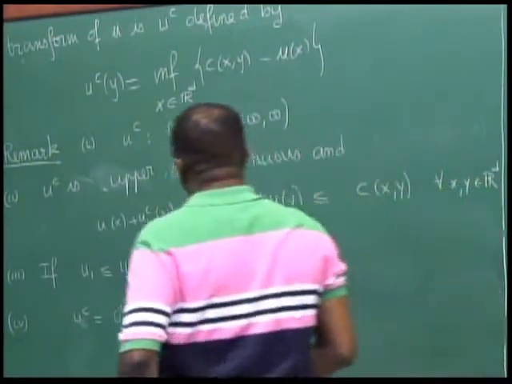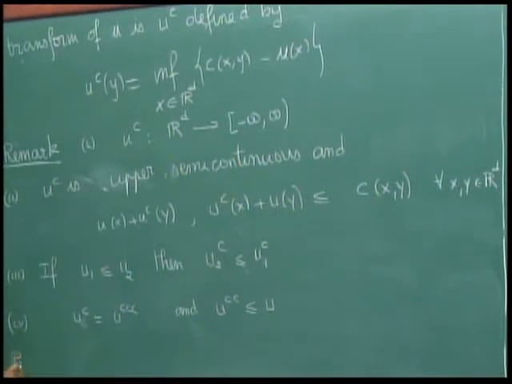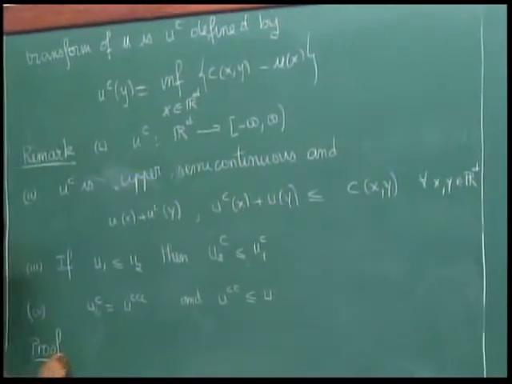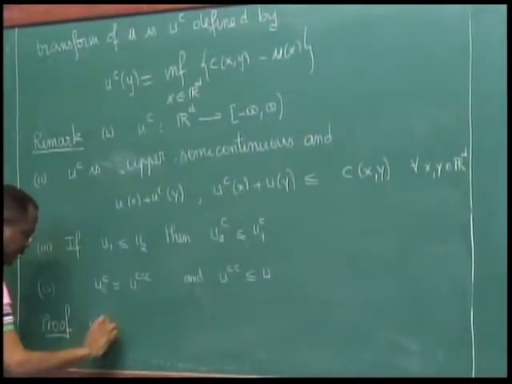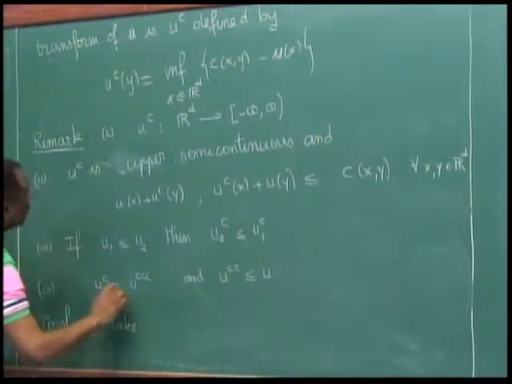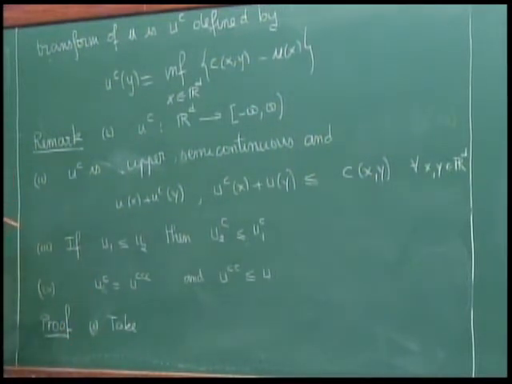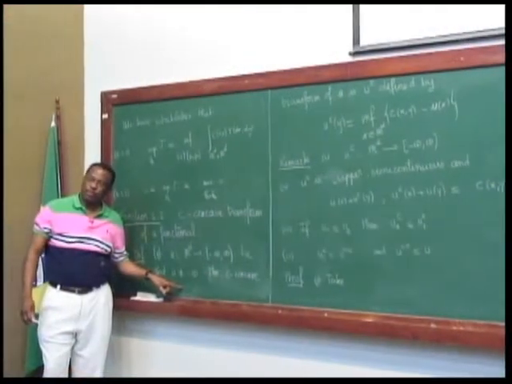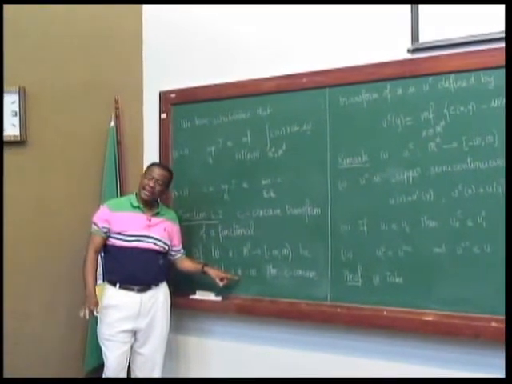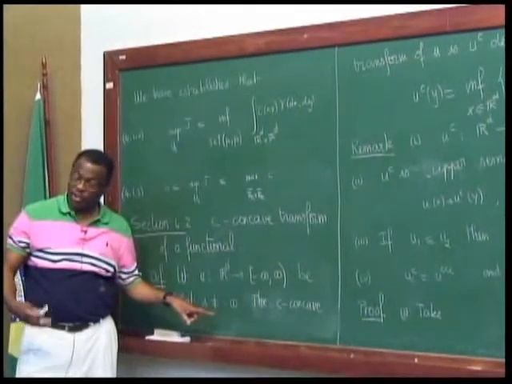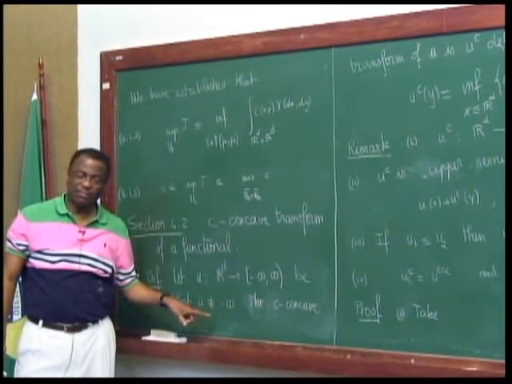Proof. For I, take x naught. So you see that in the definition, to compute the C transform, I assume that U is not identically negative infinity.